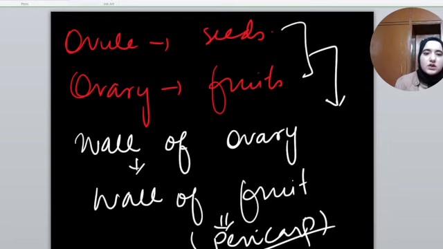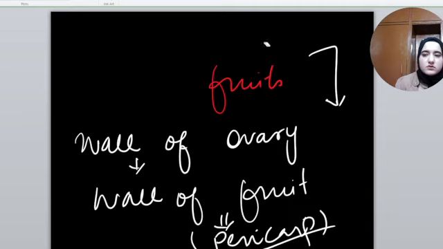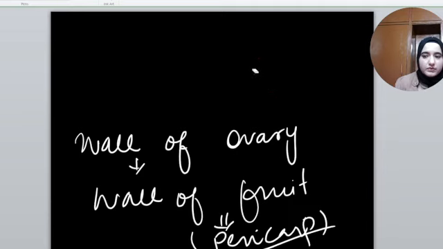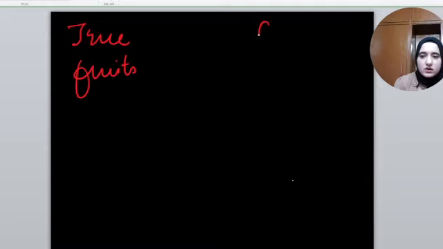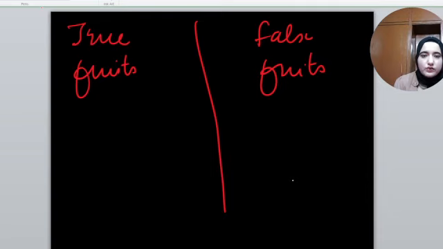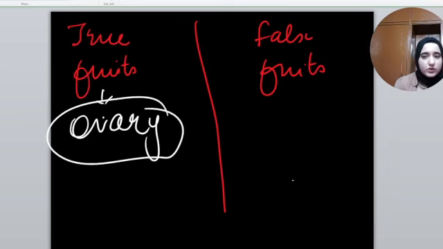Now fruits are of two types: true fruits and false fruits. You will be amazed, ma'am, which kind of fruits do we eat? Are they true fruits or false fruits? Let me tell you. True fruits are those fruits which develop only from the ovary.